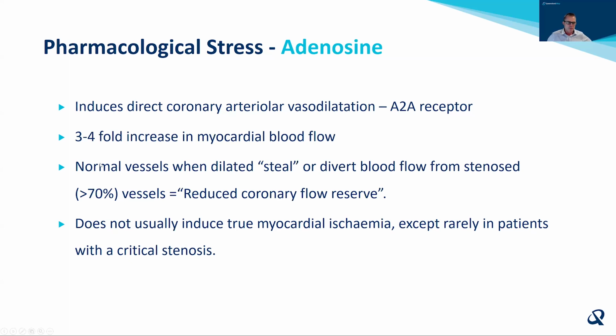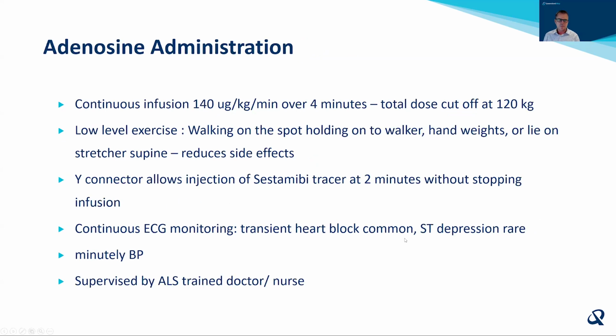Now, normal vessels, when they're dilated, steal or divert blood from stenosed vessels, which usually are greater than 70%, and that is the reduced coronary flow reserve we talk about in the report. So adenosine doesn't usually induce true myocardial ischemia, except rarely in patients with critical stenosis, because it's just producing different regional uptake at the time of stress.